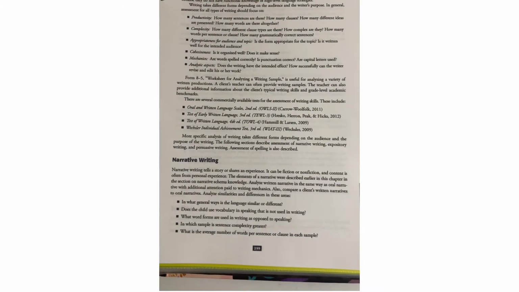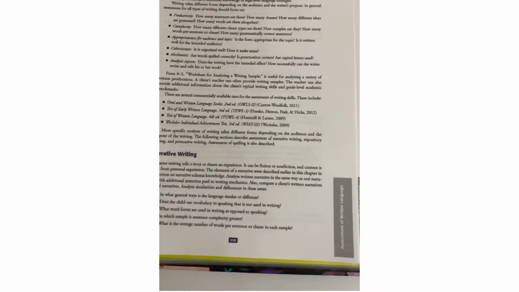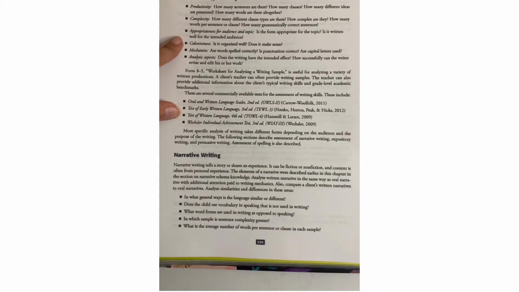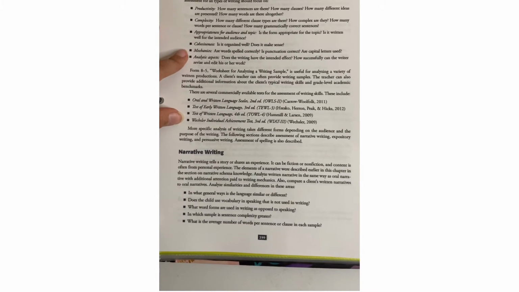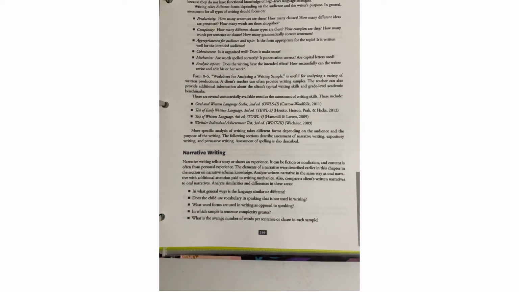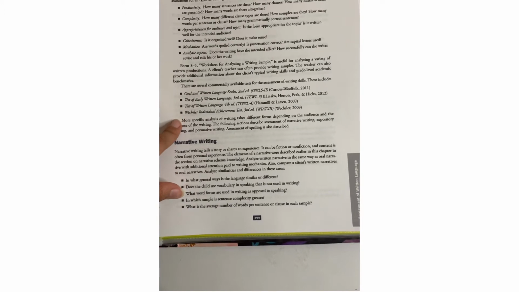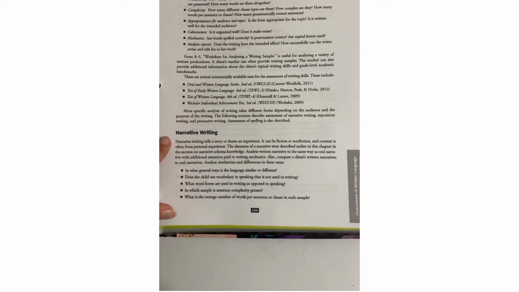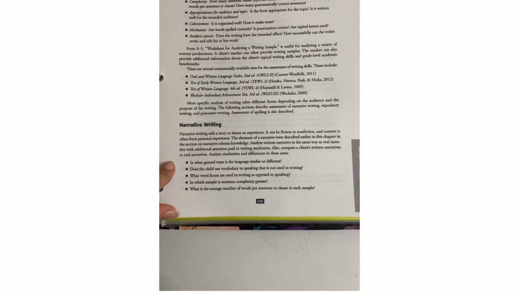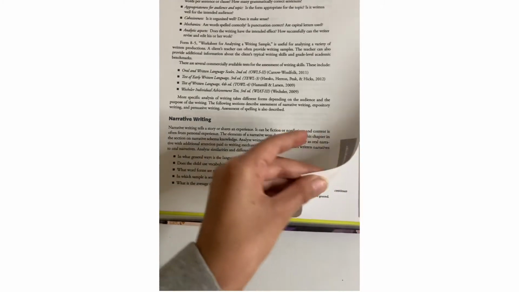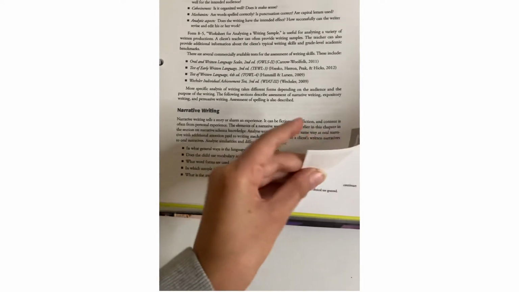And then we have a continued version where it has the definitions of productivity, complexity, appropriateness of audience and topic, cohesiveness, mechanics, analytic aspects. And here it shows several available tests for the assessment of writing skills and some narrative writing similarities and differences that it has shown in the bottom.